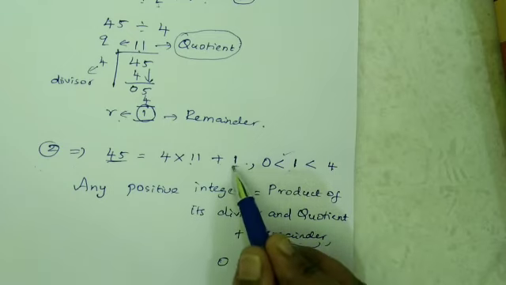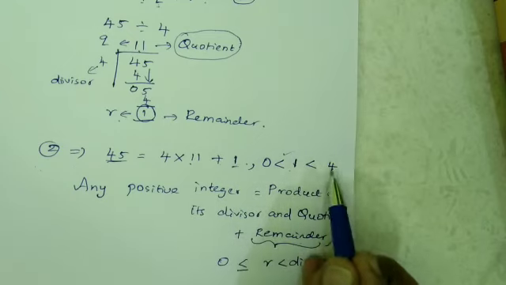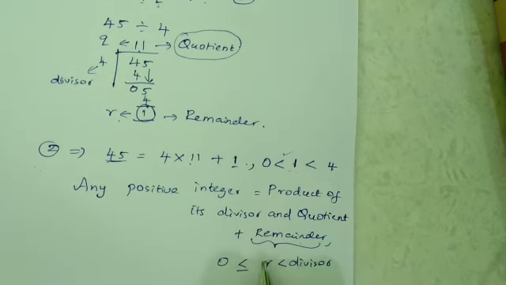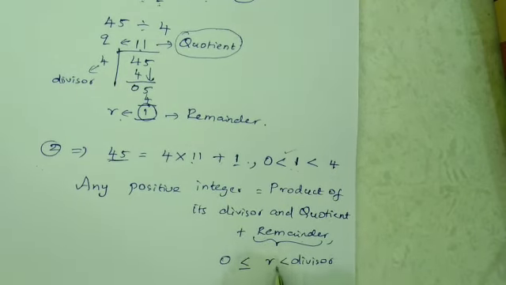Here we get the remainder as 1. It is less than its divisor 4 and greater than 0. In this way, every time our remainder should be less than its divisor and either greater than 0 or equal to 0.